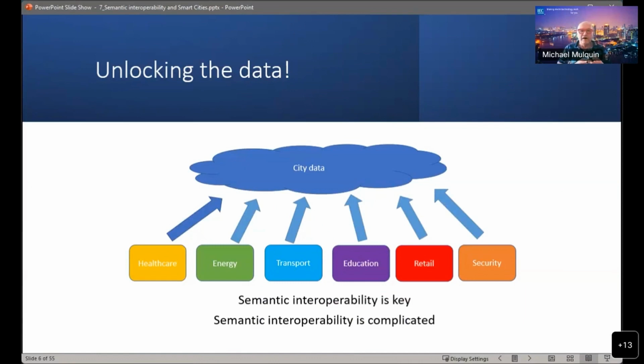All of these are managed by ecosystems, sometimes many hundreds or thousands of organizations that are all involved in developing different aspects of that particular system, and they themselves need to be able to share data effectively, which is, as we've already heard, really difficult. But then we've got to try and bring all of that data together from these many different sorts of systems so that they can become useful to the city as a whole. And that's, of course, where semantic interoperability is key. Next slide.